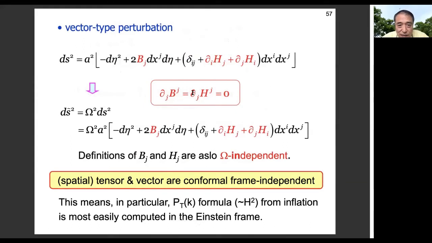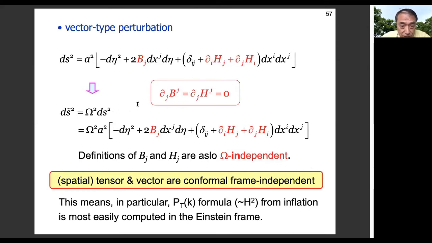Vector perturbation: you have some vector which can appear in, say, the shift vector component and the anisotropic part of the spatial metric, and the vector by definition has a transverse condition, so you essentially have 2 degrees of freedom.